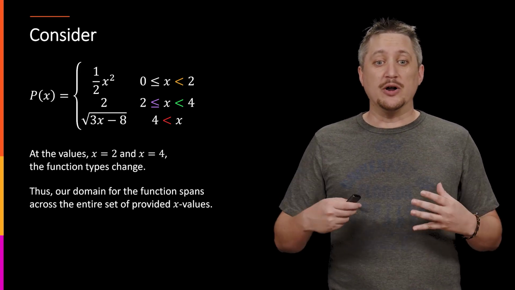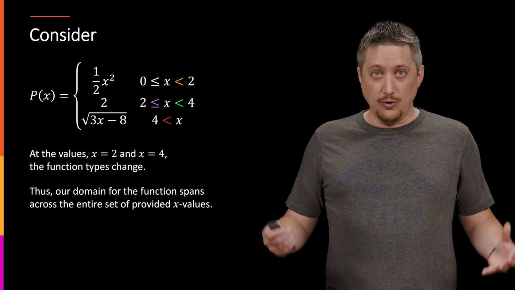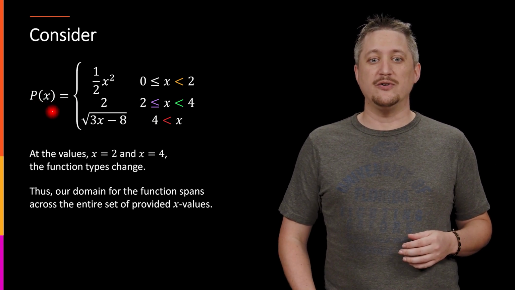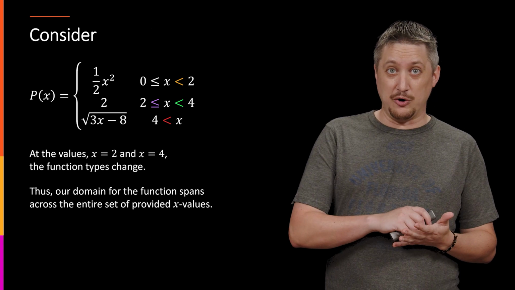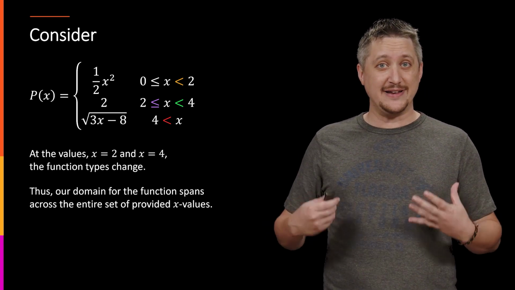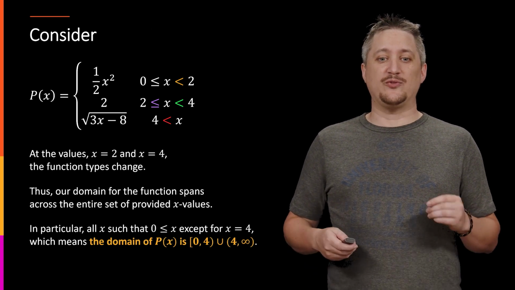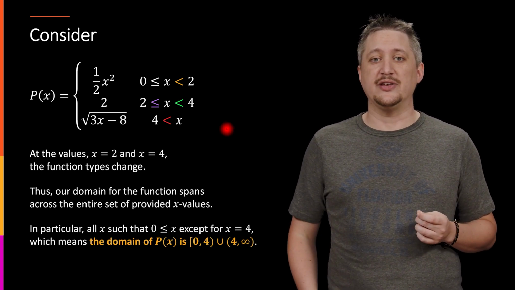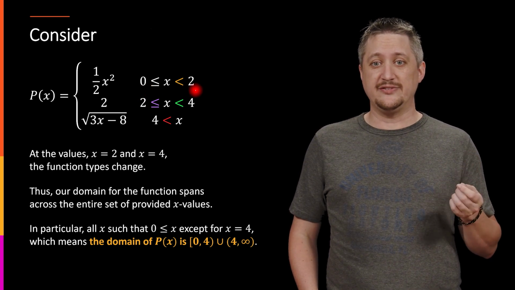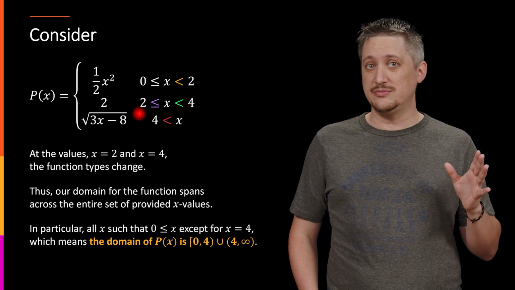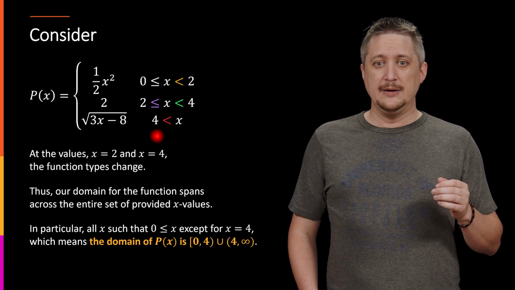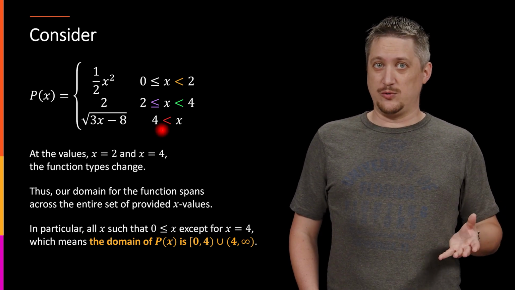So if we want to look at the domain of the overall function, the domain of p of x itself, that domain spans all of the subdomains, meaning it's across the entire set of provided x values. In this case, it's all x such that x is greater than or equal to 0 and less than 2, but then it also includes 2, up to 4, strictly less than 4, and then anything strictly bigger than 4.